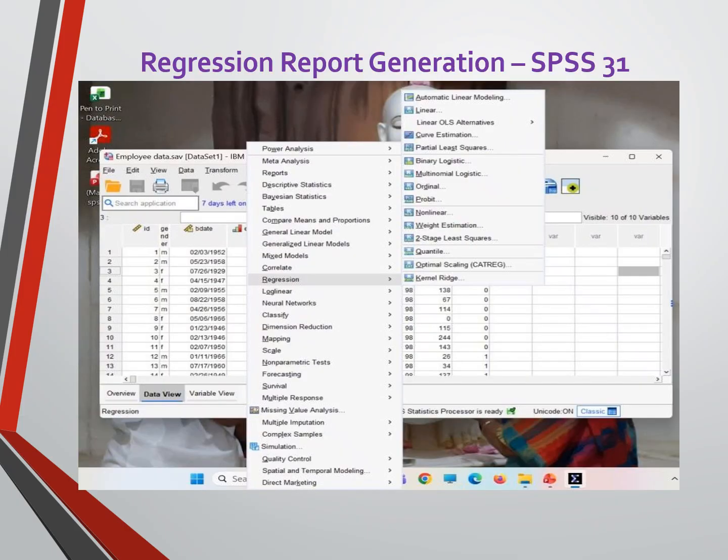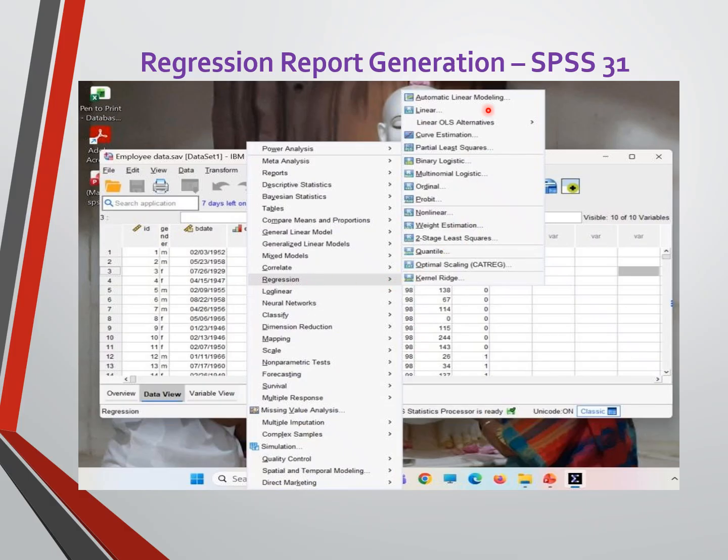Now if you go to SPSS 31, on the upper key side, it says analysis. Within the analysis, you can select correlate, then the correlation will be calculated and the graph and data will be available. Here I clicked on regression.